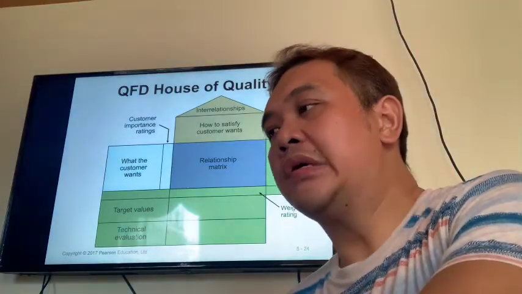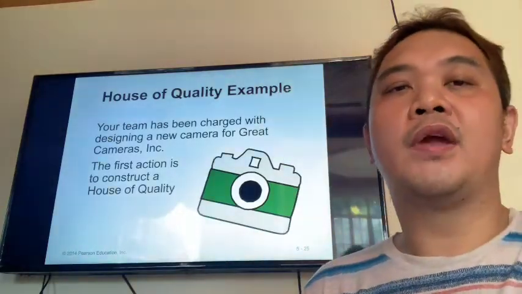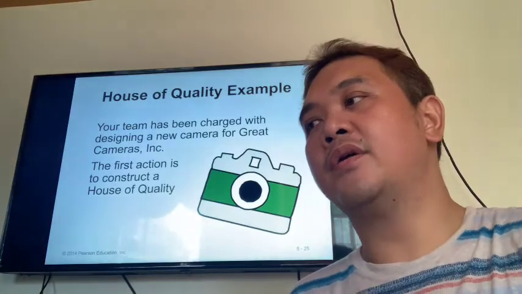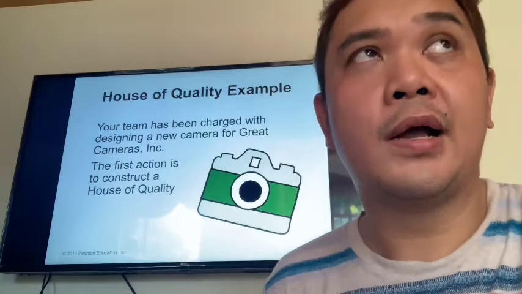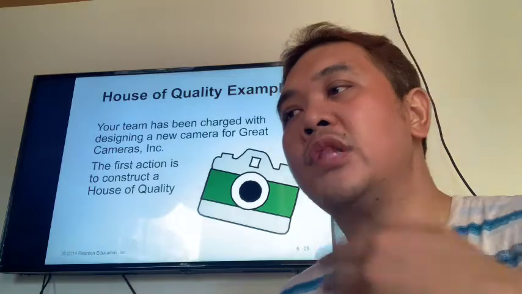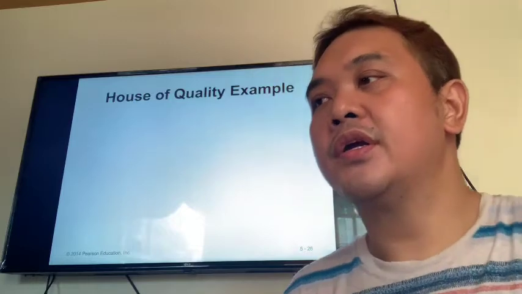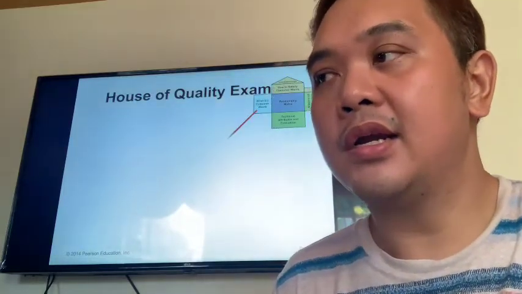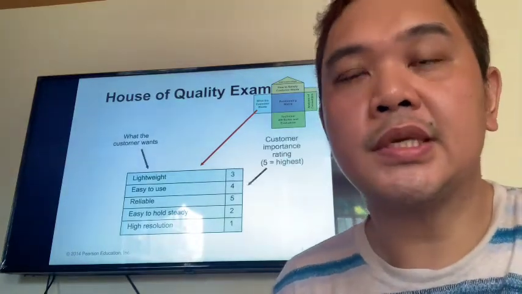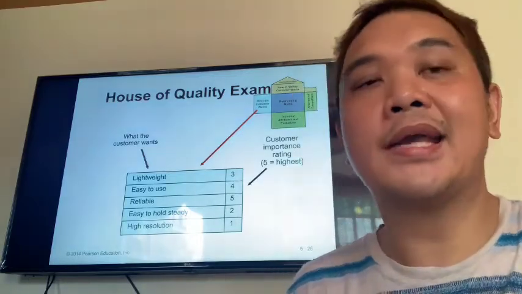So how is your house of quality? I'll give you one example. For example, you want to develop a new camera. Okay? So, based on your surveys, you now know that the different requirements of the customers are lightweight, easy to use, reliable, easy to hold, and high resolution.